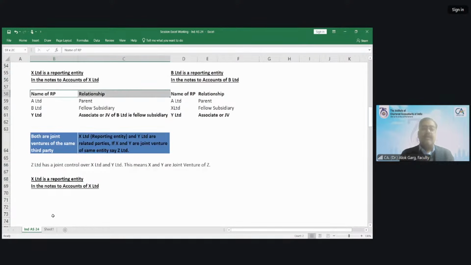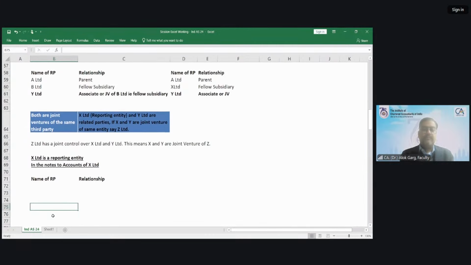Y Limited and Z Limited. Why Z Limited? Z Limited is a venturer, having joint control.